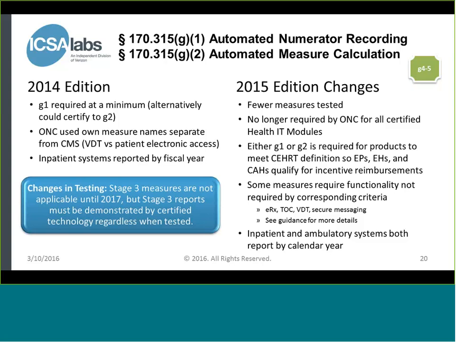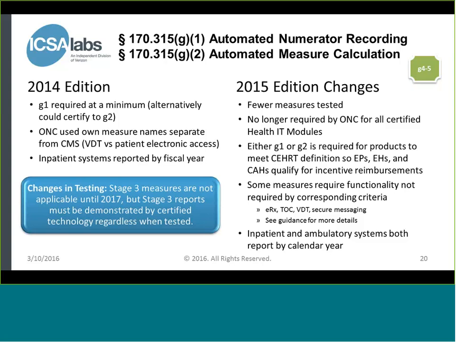in secure messaging under 2014, certified products were required to demonstrate that they could send and receive messages between a provider and a patient, as well as between a provider and an authorized patient representative. Under 2015, the criteria no longer requires sending messages between a provider and an authorized patient representative. However, for the demonstration of G1 and G2, they do state that when sending a message between a provider and the authorized patient representative, that should still count to increment the numerator.